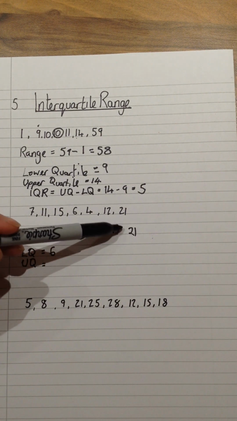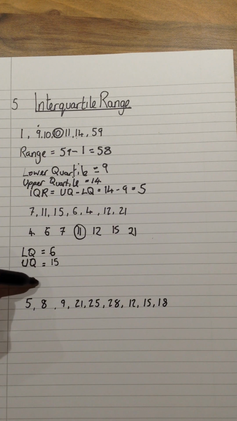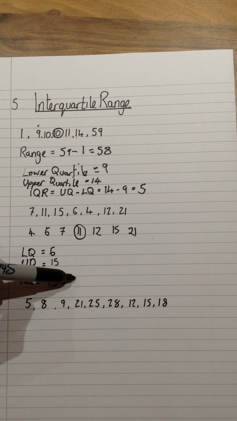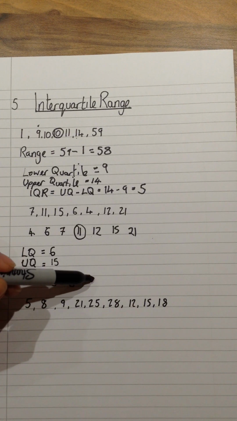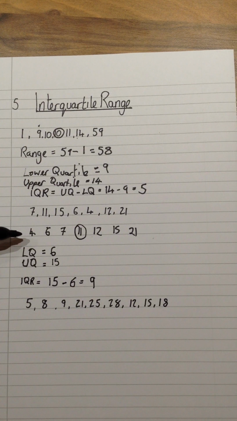So here the middle number is 15. We'll write that down. Final step, the interquartile range. We take the upper quartile, in this case 15, minus the lower quartile, in this case 6, to give us 9. Now this has worked quite easily because the numbers have fallen out very nicely.